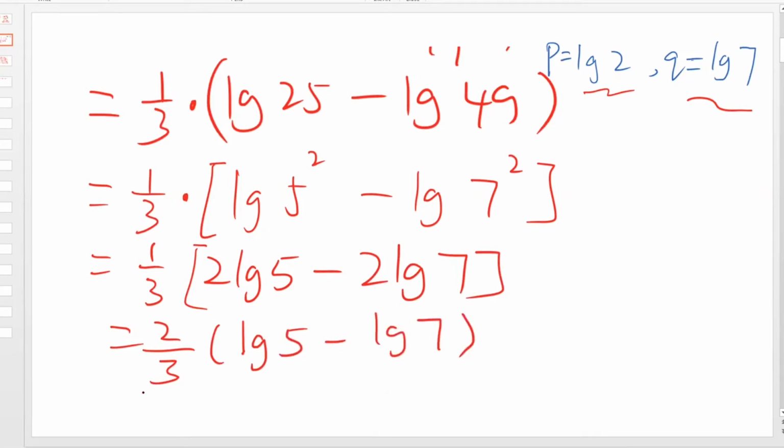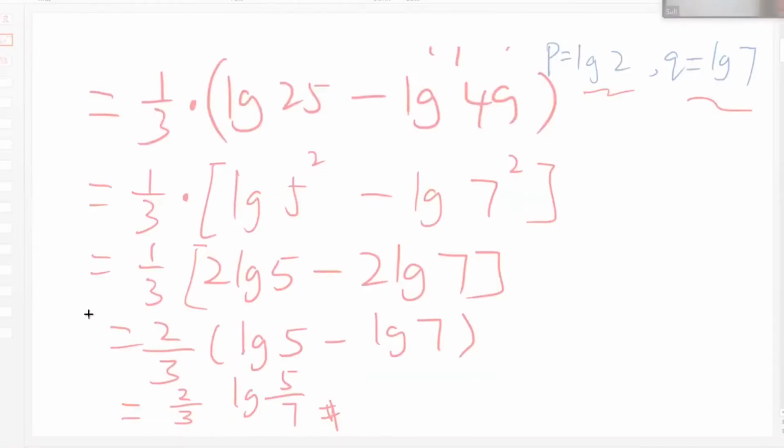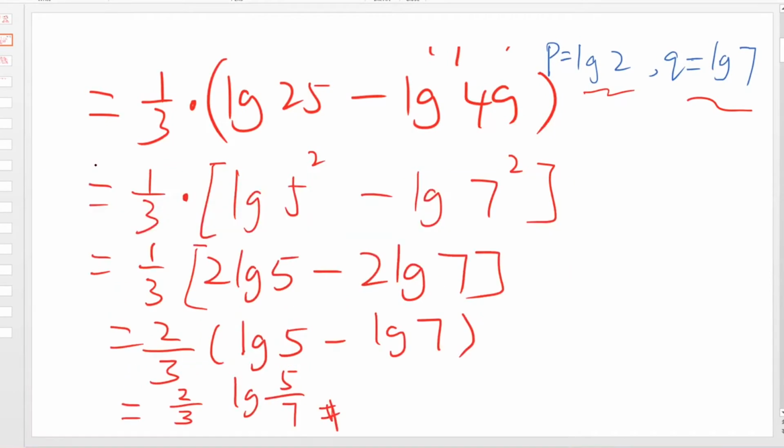Okay, and this is what? Okay, I think I can figure it out already. Because in this question, can you see my final answer here? When you come to the final answer, you need to make use of this answer and then just get it to this.